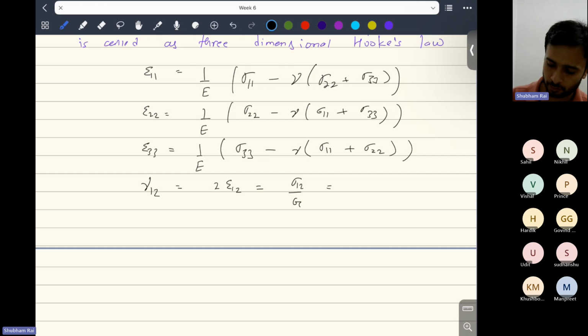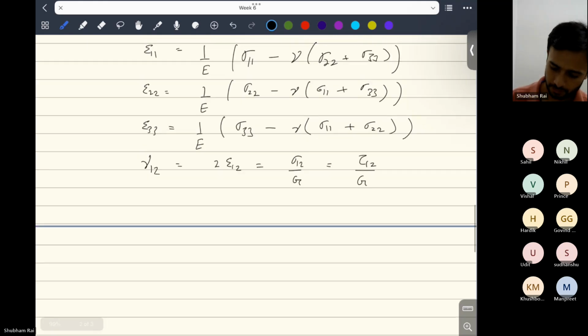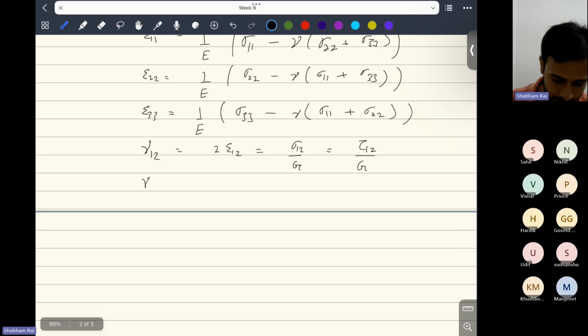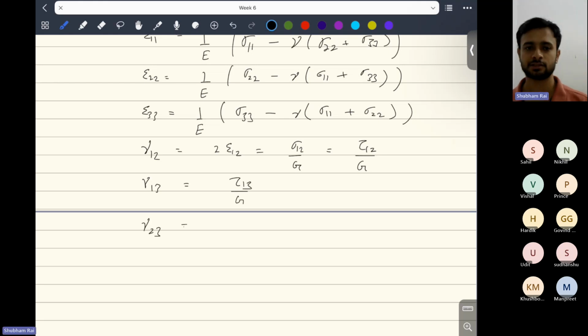You can also write sigma 1 2 as tau only. Similarly gamma 1 3 is given as tau 1 3 by G, and gamma 2 3 is tau 2 3 by G. And G, the shear modulus of elasticity, can also be expressed in terms of lambda and mu.